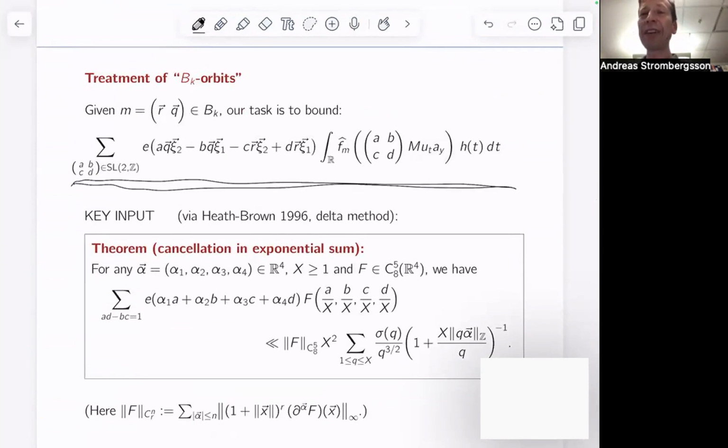It actually looks like this. It's a sum over all matrices in SL2(Z), and then here is a linear combination of A, B, C, and D with some, hopefully, numbers that are not all rational. Like if all of these numbers are rational, then we fail. Then we will not have cancellation in general.